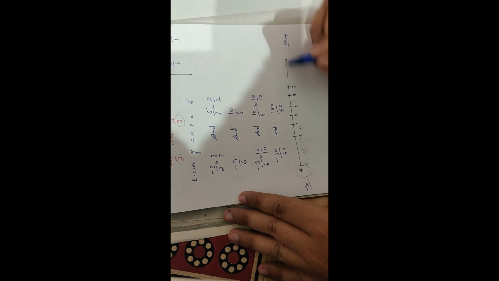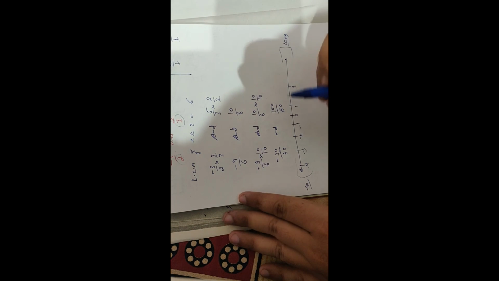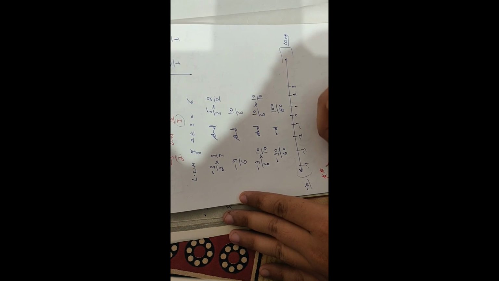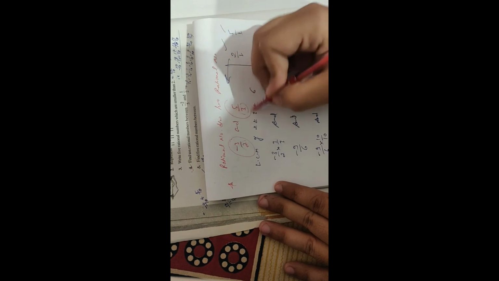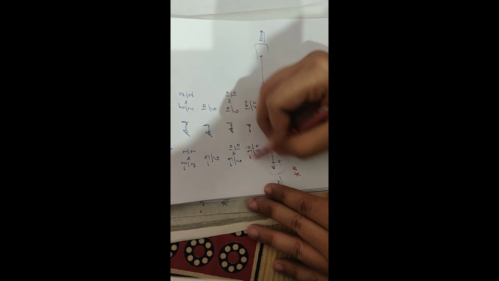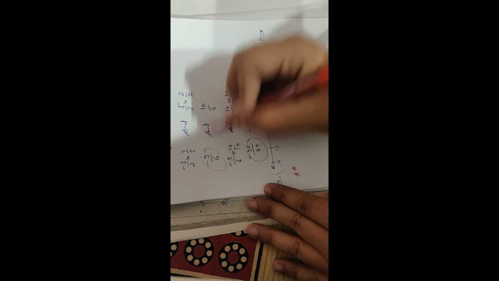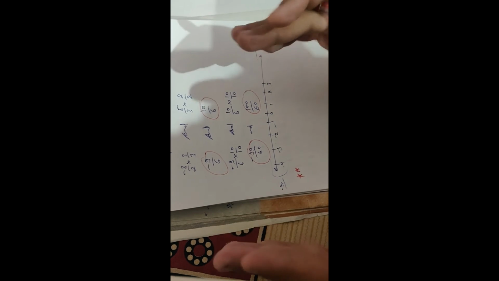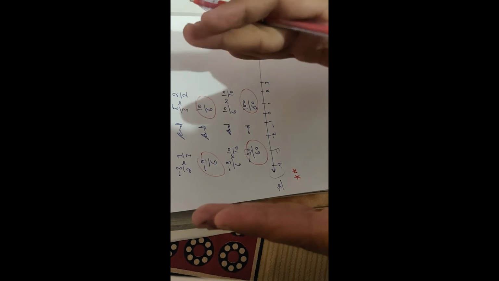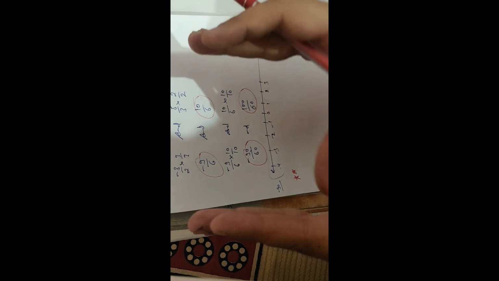So you have many numbers between over here, but while writing, I'm pointing out a very important point. While writing the rational numbers between two rational numbers, you cannot take these two. That means you cannot take the range. You need to take the numbers which are between this end and this end.